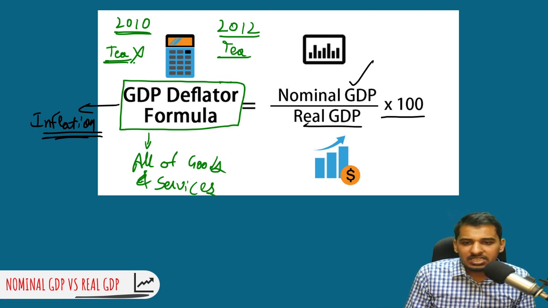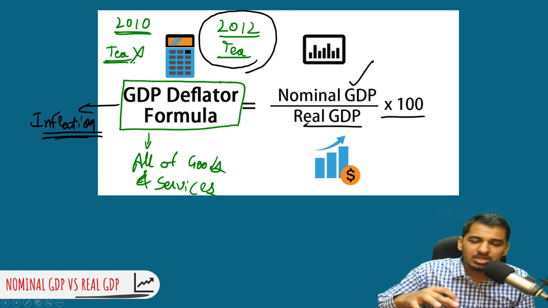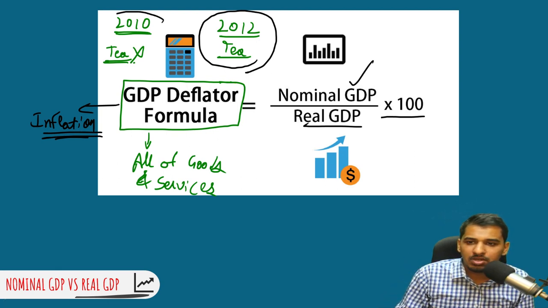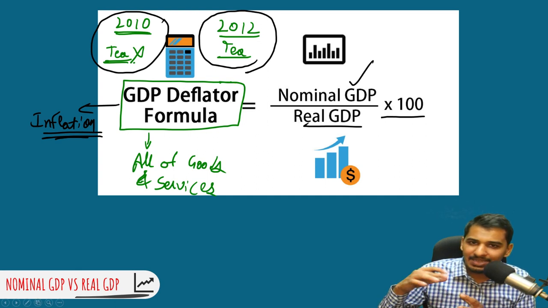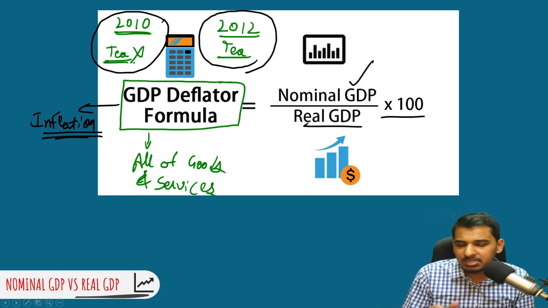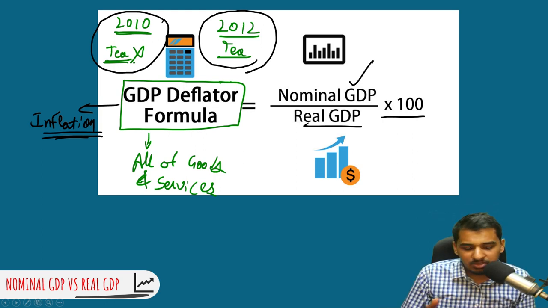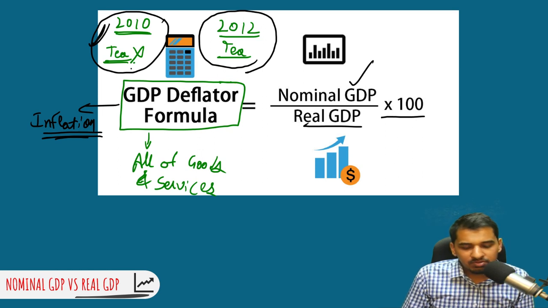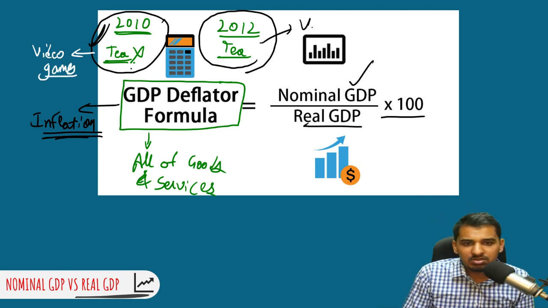So in case of GDP deflator, you will have to take this 2012 GDP as it is. You will include the value of tea, even though it was not present in 2010. Even the goods which were not there previously are accounted for in the GDP deflator. Say video games were not present in 2010 but arrived in 2012.